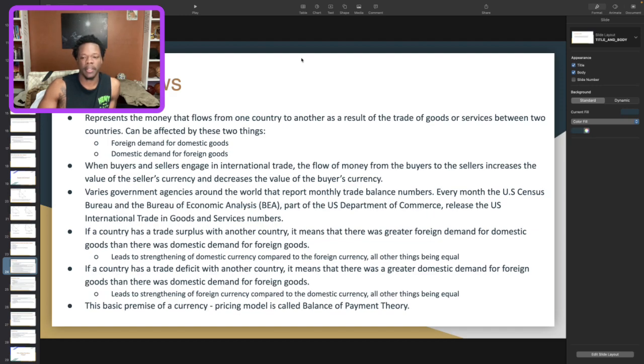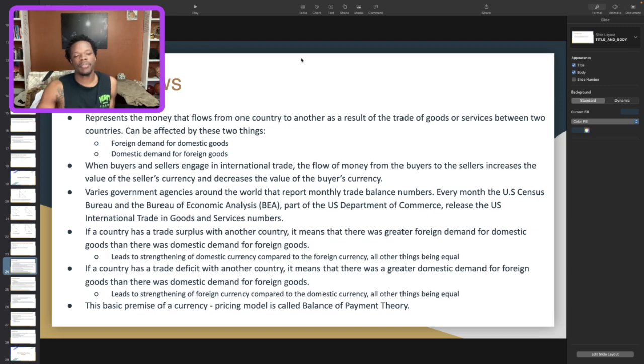So it's basically like every country has to tell each other how they're doing. Every month, the Census Bureau essentially has to do these calculations and release international trade and government services and goods numbers.